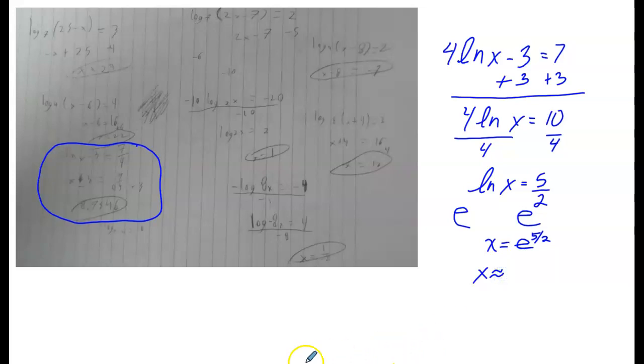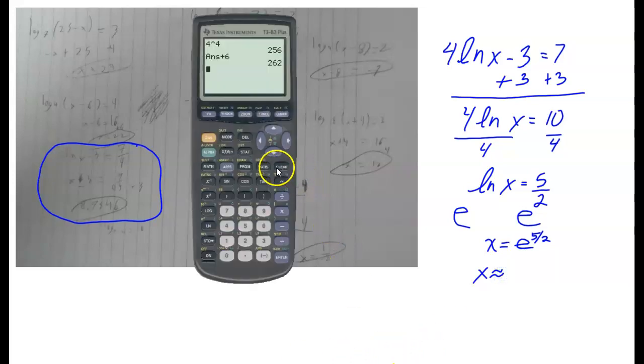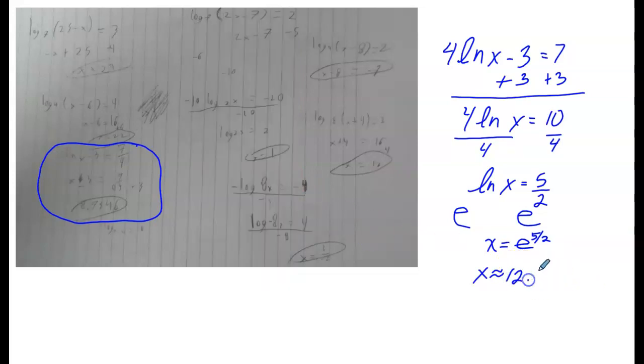We're asked to find an approximation to 4 decimal places, so we'll enter e raised to the 5 halves power and round that result to 4 decimals. So 12.1825, since the 5th decimal is a 9, we round the 4 up. So that'll be 12.1825.